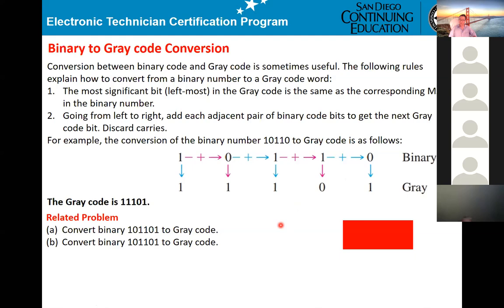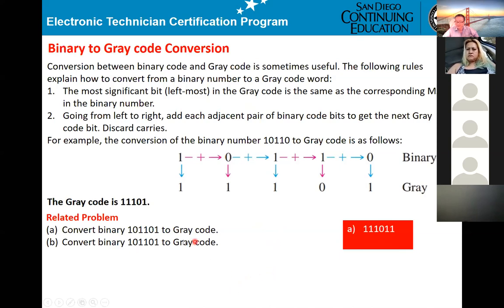Mr. Pham, did you carry the 1 or no? No, no carry. If you're reading, they're telling you this card carries. Ignore that. So, who got number A done? 111011.